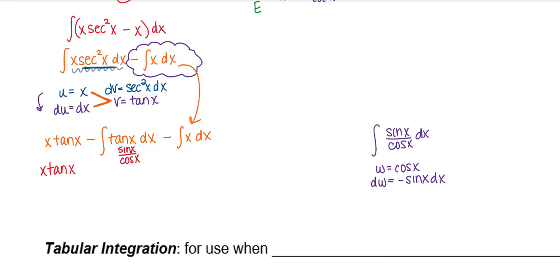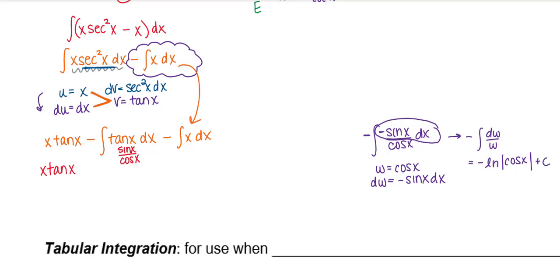So I literally have, if I put a negative in and a negative out, because negative times negative is positive, dw over w just with a negative out front. So that becomes negative natural log of cosine of x. Like so. Don't forget your absolute value bars.